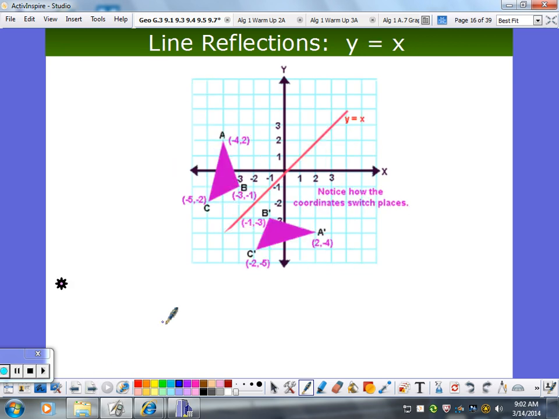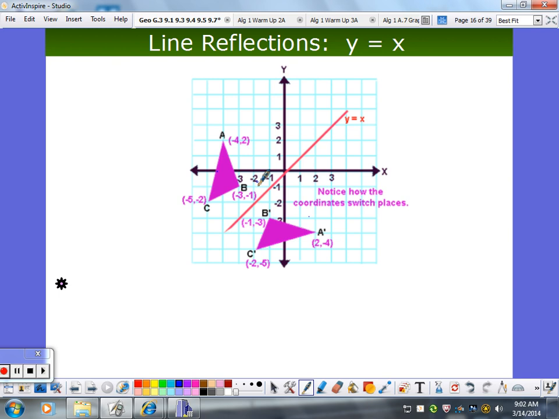And y equals x, a little bit harder to see what really happens here, but let's look at the points here. So here's my fold line. If I fold this one over that one, or that one over this one, it makes sense how these pictures look like that, if you think about it like an ink drawing. So what happened to my xy values? A was (-4, 2), A prime became (2, -4).